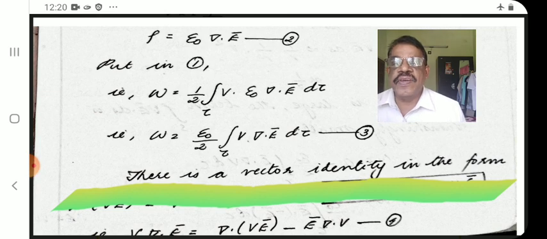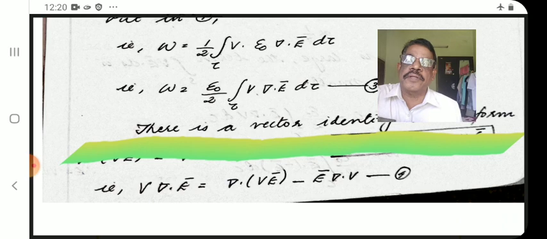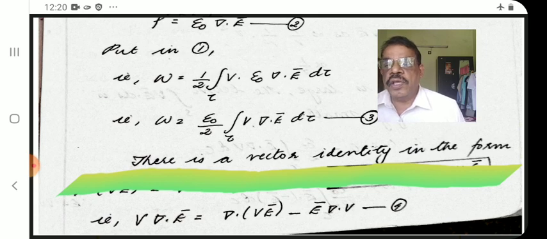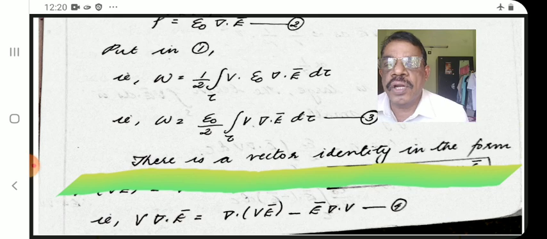And there is a vector identity that you have to study by heart. There is a vector identity in vector calculus in the form V into del dot E is equal to del dot VE minus E dot del V, equation number 4. This is a vector identity.